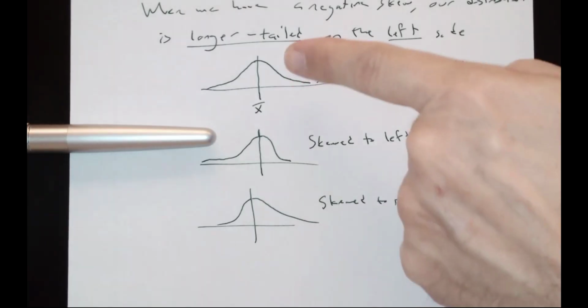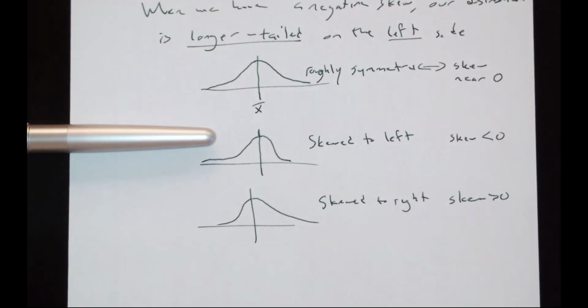In the case where we were symmetric, the mean and the median ended up the same. The mean is sensitive to outliers. So if I have a low outlier, it would shift my mean to the left, so the mean would be smaller than the median.